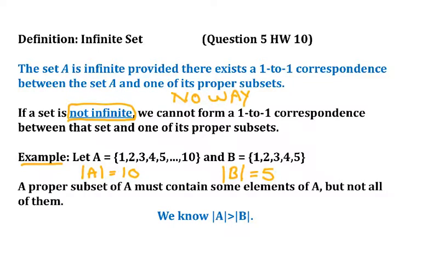B is a proper subset, but we know that the cardinality of A is bigger than B. There is no one-to-one correspondence possible.